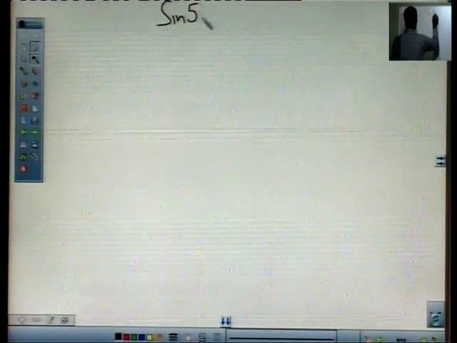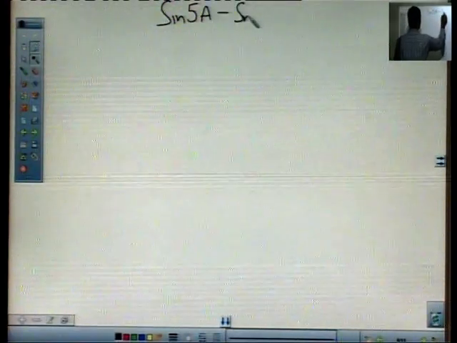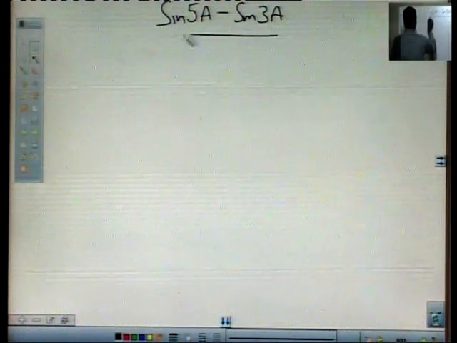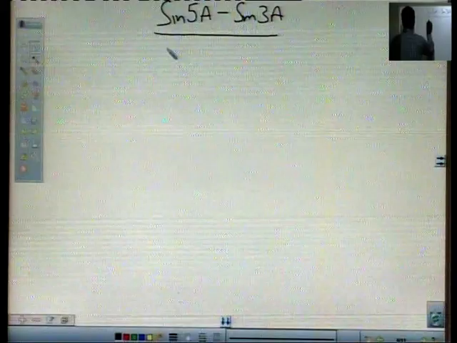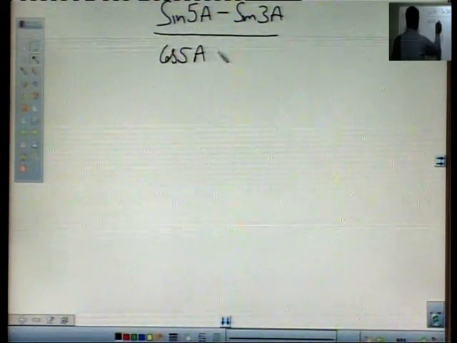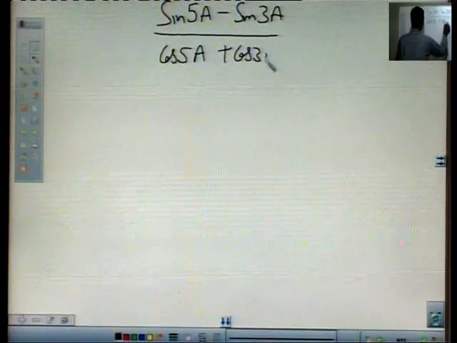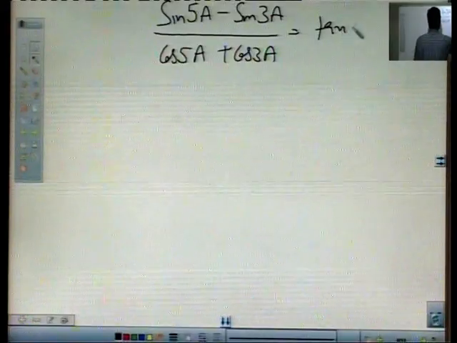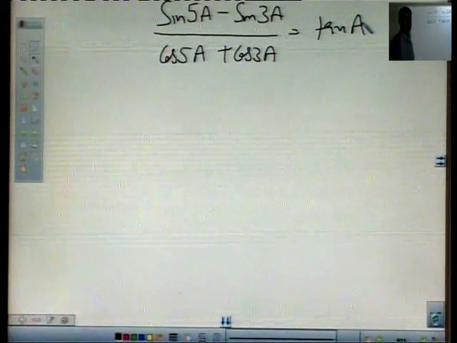Show that sine of 5a minus sine of 3a upon cos of 5a plus cos of 3a is equal to tangent of a.